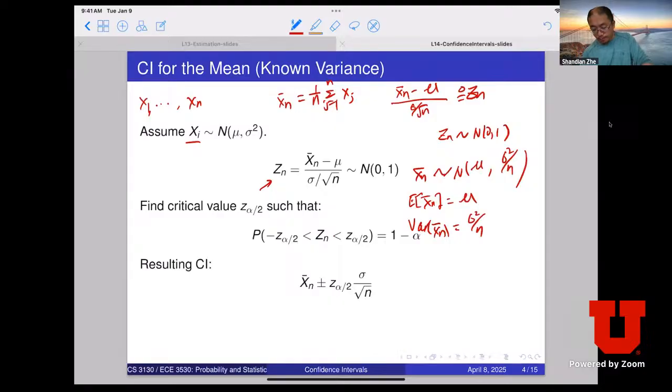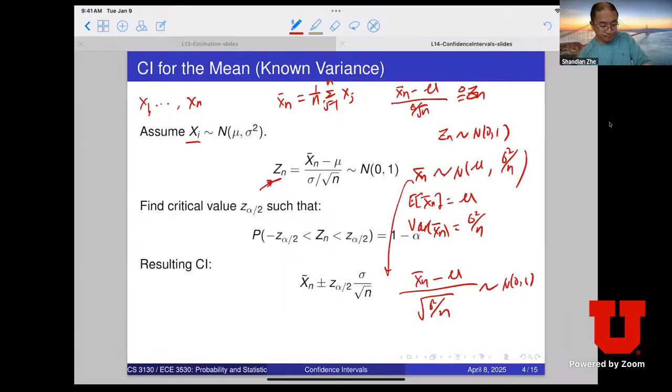So the linear property of Gaussian random variables tells us that if you subtract a Gaussian random variable by its mean and divide it by its standard deviation, this new random variable is simply the standard Gaussian distribution with mean 0 and variance 1. That is the Zn here.